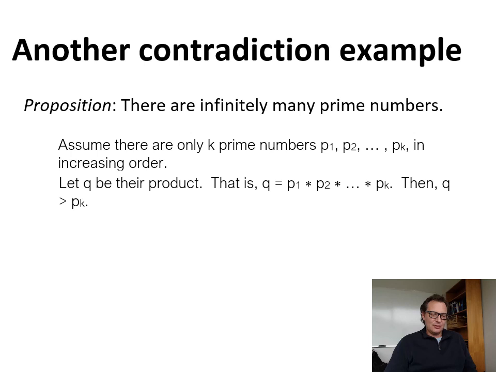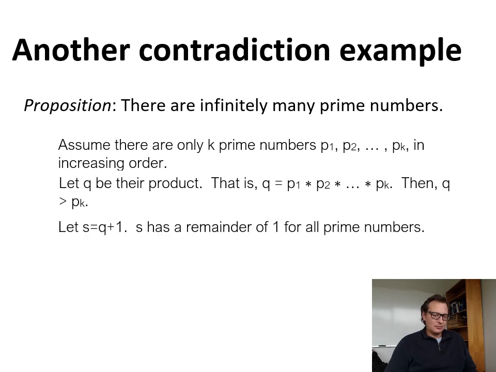That is, q is equal to p1 times p2 times up to pk. And we also know that q is greater than all of the pi's from the property of multiplication. Then let s be q plus 1. So now we know that s has a remainder of 1 for all prime numbers.